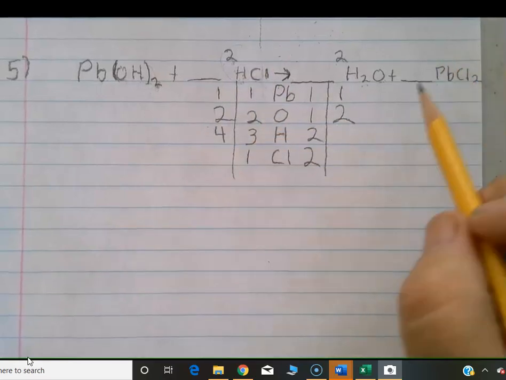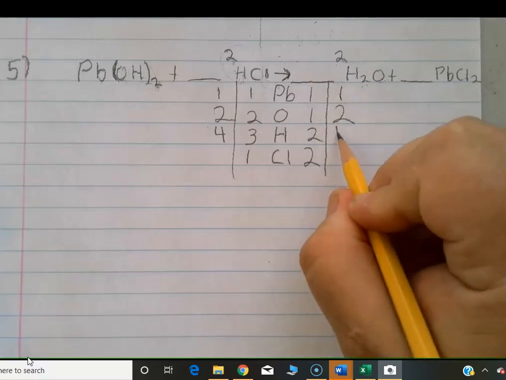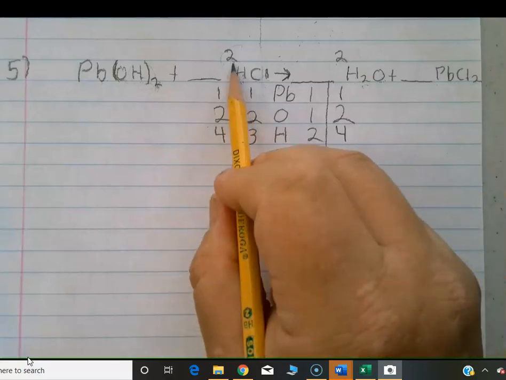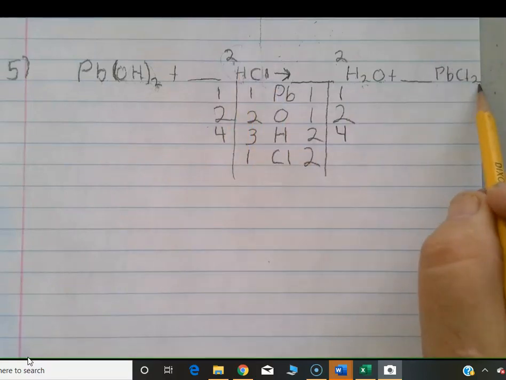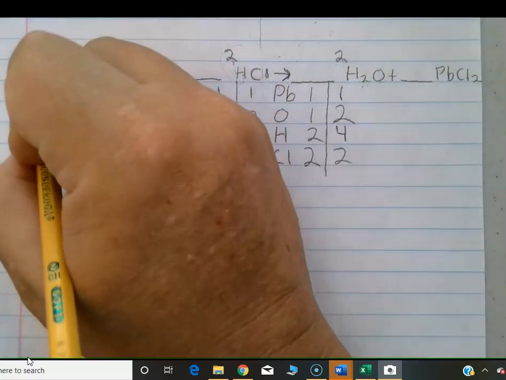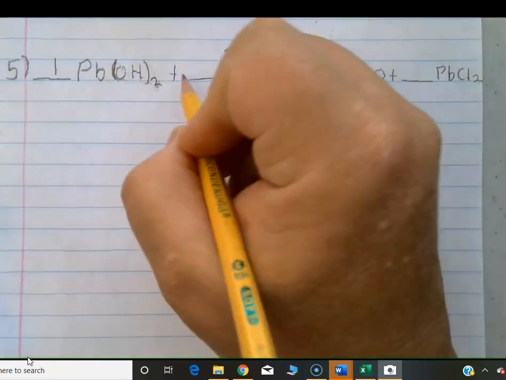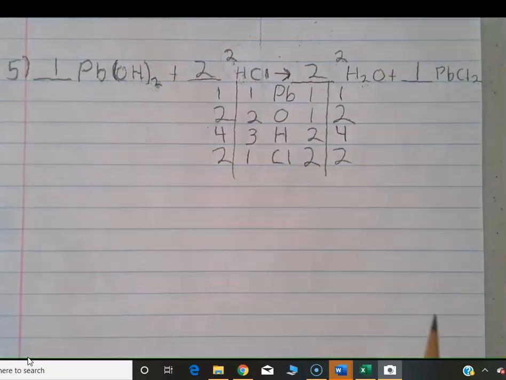And over here, I have 2 times 2 is 4. Finally chlorine, I have 2 times 1 and 1 times 2. So everything's in balance, and I can fill in my numbers. The ones I didn't have to change remain as 1, 2, 2, 1.